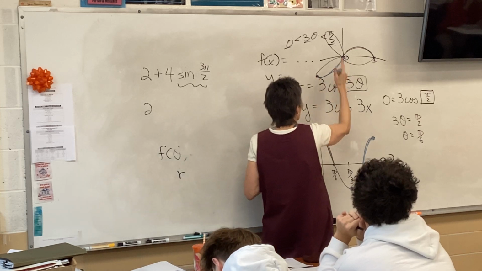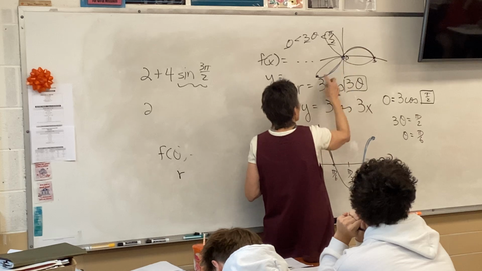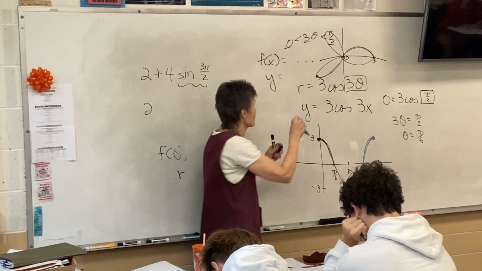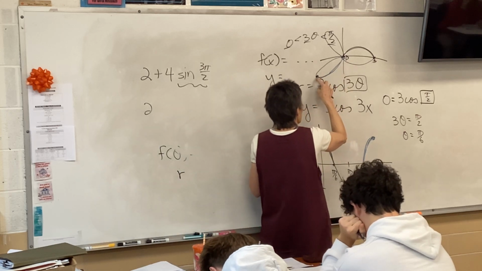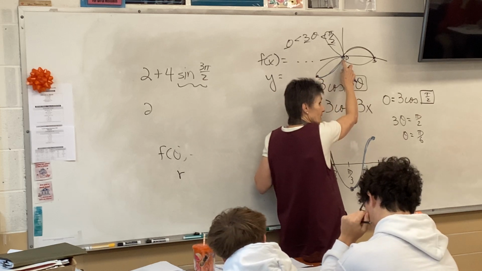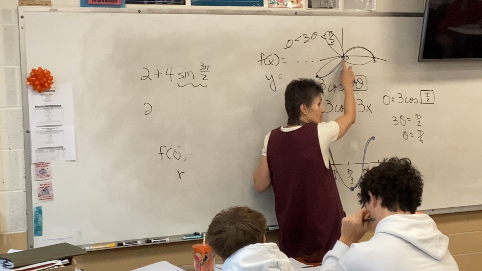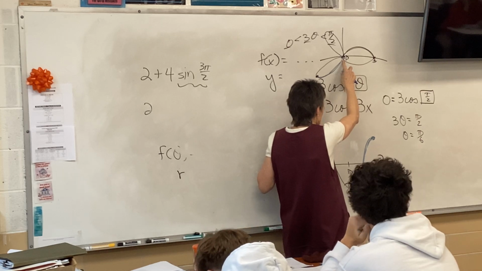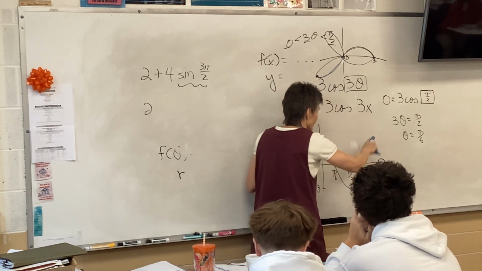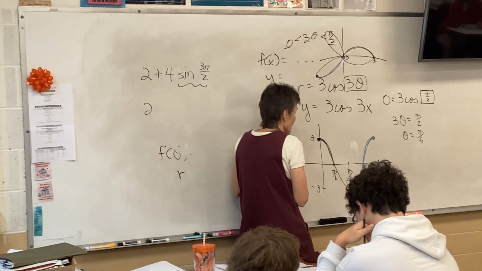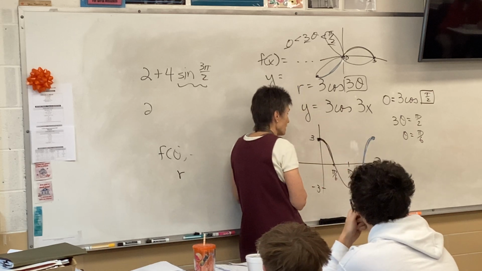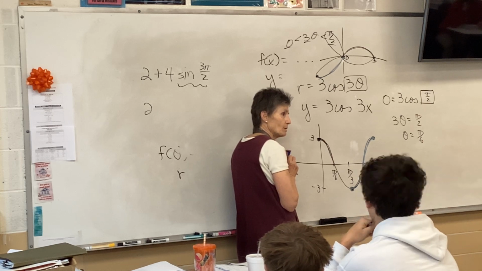From here to here, he told us this is one of the pieces we're looking at. From here to here, what is happening to my R values? What are my R values doing as I move from C to D? My R values are getting smaller, right? So in this piece of the graph, looking at the blue part, moving left to right, my R values are getting smaller.